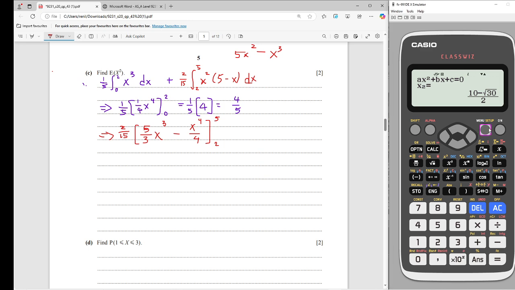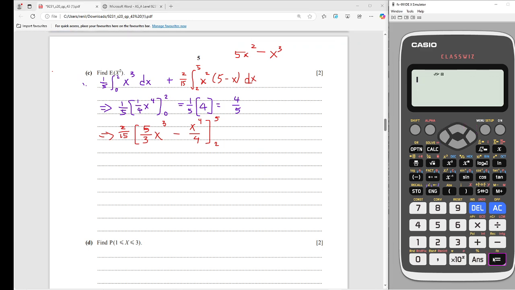Let's substitute these limits into our calculator. So for the first one we have 5 by 3 times 5 to power 3, minus this with x to power 4, which is just 5 to power 4, divided by 4. And that makes up our upper limit. Now we subtract that with our lower limit value.